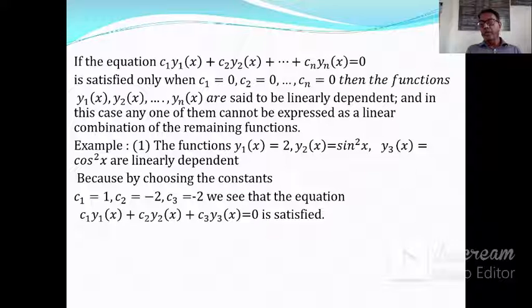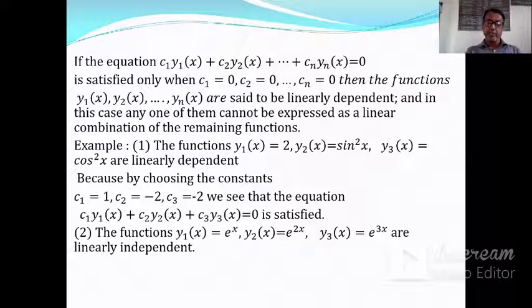We get in the bracket sine square x plus cos square x, and we know that sine square x plus cos square x is 1. Therefore, we obtain minus 2 plus 2, and this is equal to 0. Therefore, we can conclude that these three functions are linearly dependent.